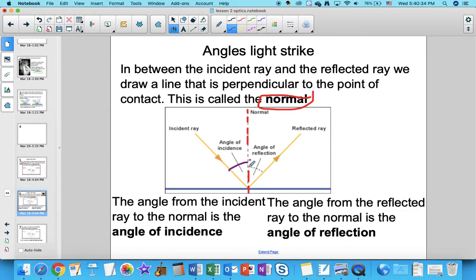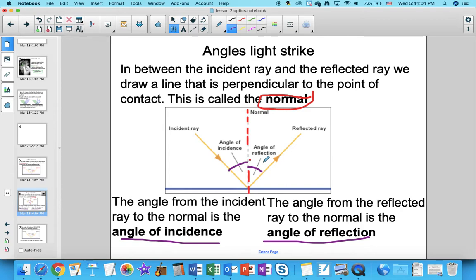And the angle from the normal to the reflected ray, we call the angle of reflection. The angle from the incident ray to the normal is the angle of incidence. The angle from the reflected ray to the normal is the angle of reflection. So the normal is important in finding the angle of incidence and the angle of reflection.